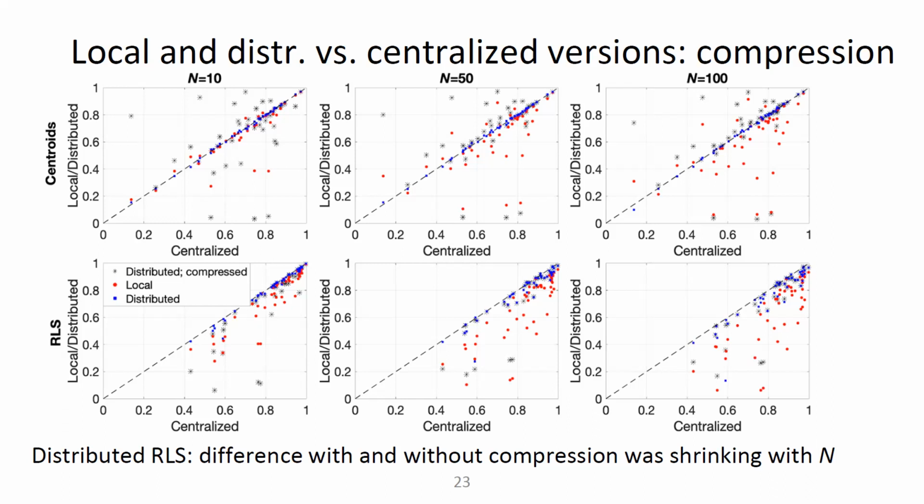And so we are enabling it to be deployed on network structures with low communication capabilities. The results improved for larger values of n, as I said, and the difference with and without compression was shrinking with the number of nodes.